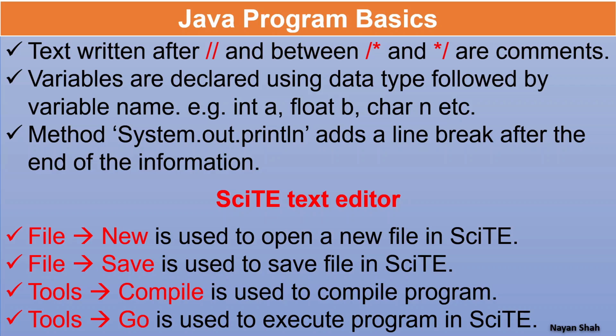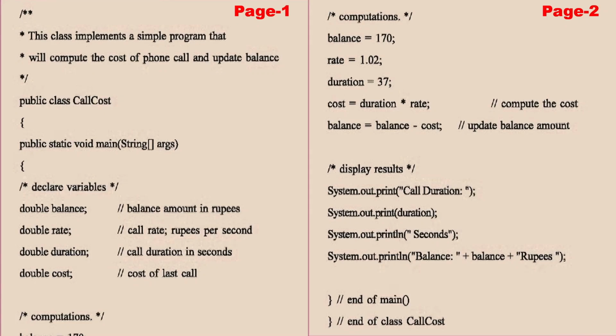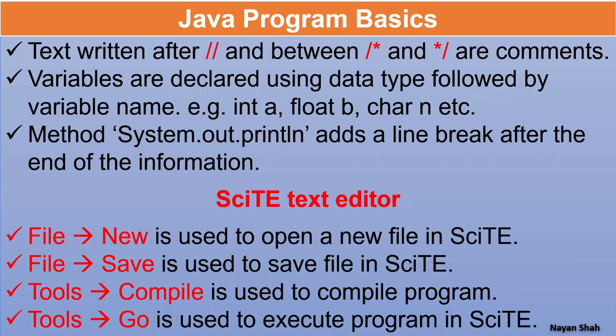Method system.out.println. Now, if you observe in this program, the first two lines have system.out.print and the second two lines have system.out.println. The basic difference between them is that println will add a line break. So system.out.println adds a line break after the end of the information.